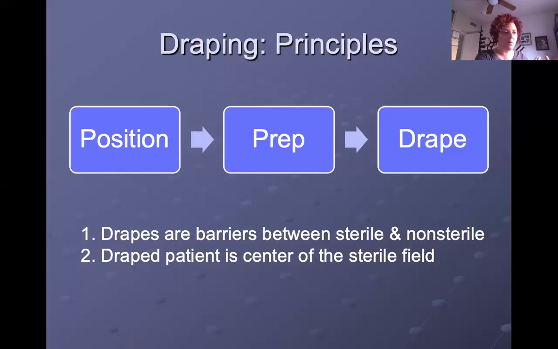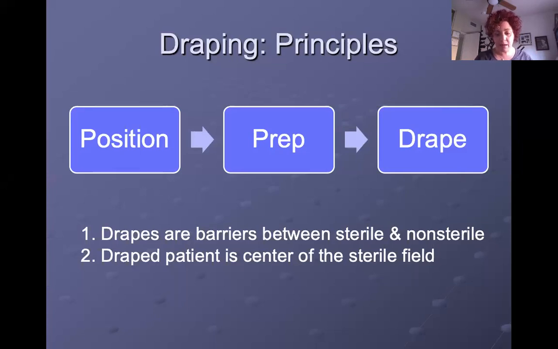So the patient's gonna come into the room, move over onto the OR table, and whatever anesthesia they're getting is gonna be administered at that point. Once anesthesia has been administered, then the non-sterile people, whether it is the circulating nurse and the surgeon or an assistant, anesthesia, maybe one of us if we're not in the sterile role, are all going to work together to position that patient. Now, if we're in the sterile role, then we're going to be setting up our field during this time. So we're not going to be helping with the positioning or the prepping, okay?